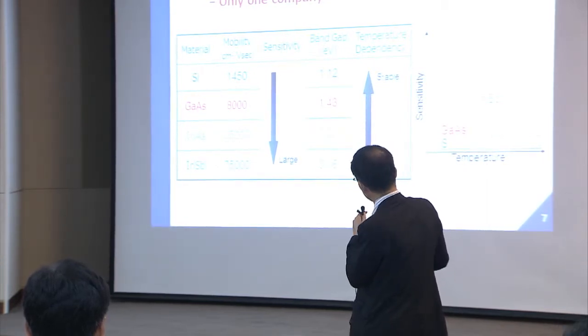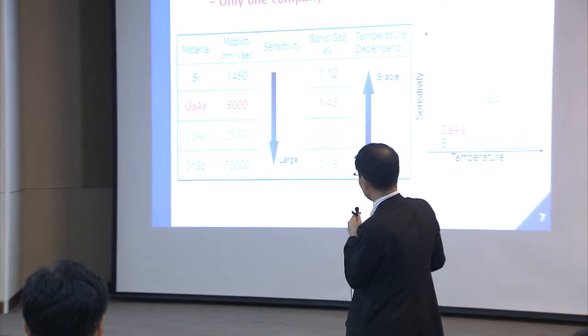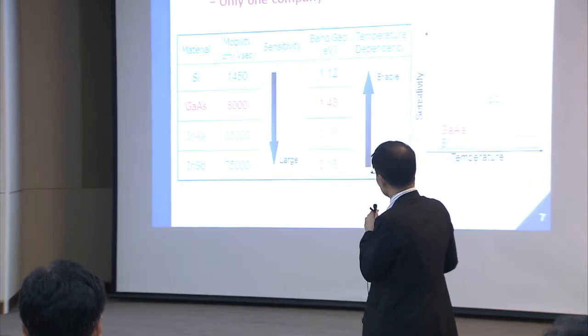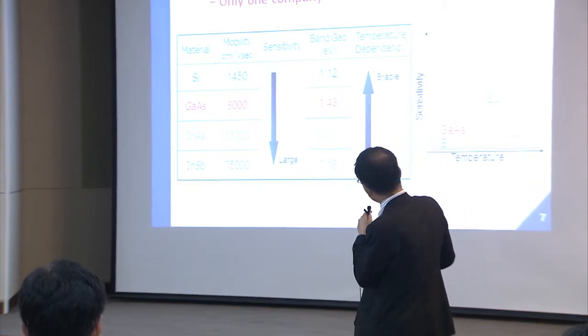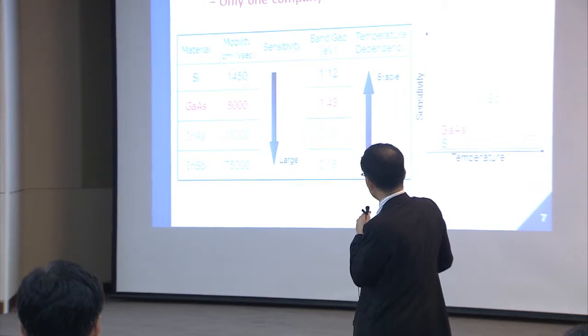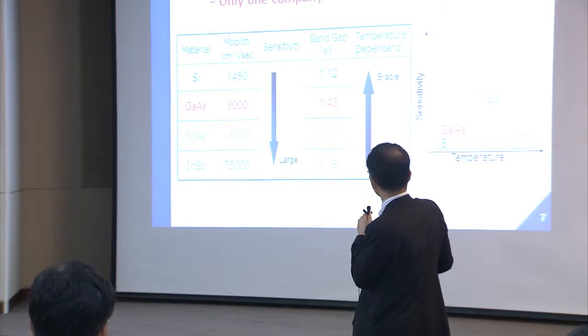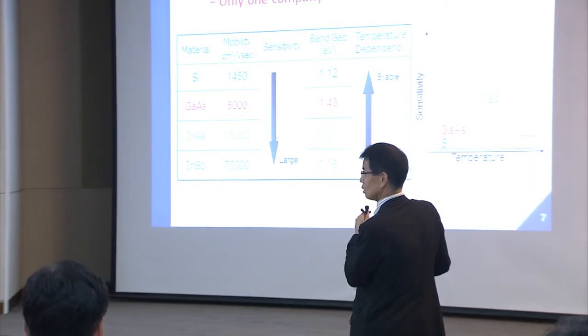And these 2 properties are strongly related to the mobility and band gap. In the indium antimony case, it has high sensitivity, but it is not stable with temperature. In the gallium arsenide case, it does not have high sensitivity, but is stable with temperature.